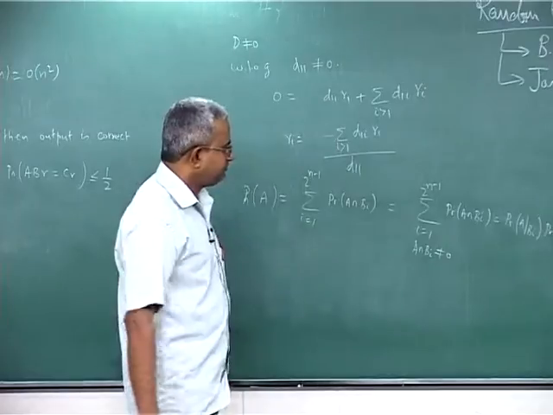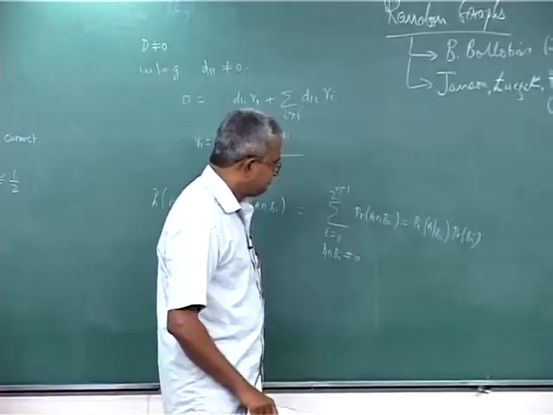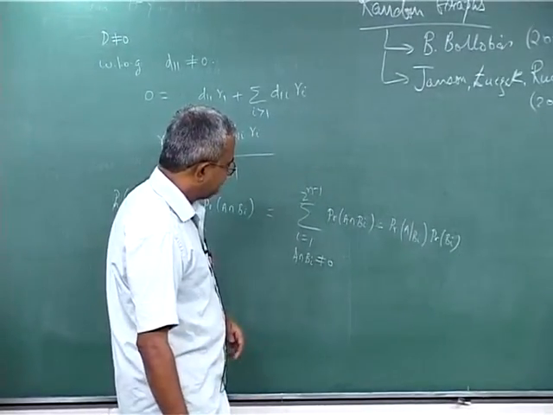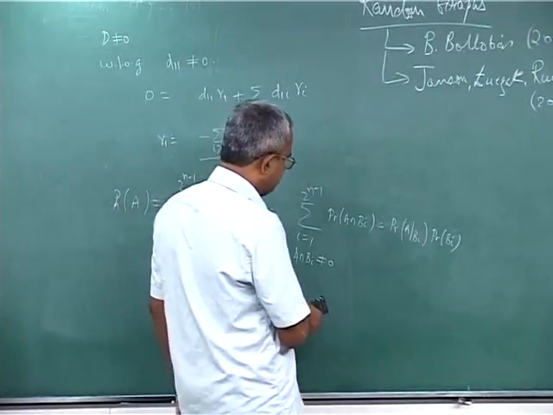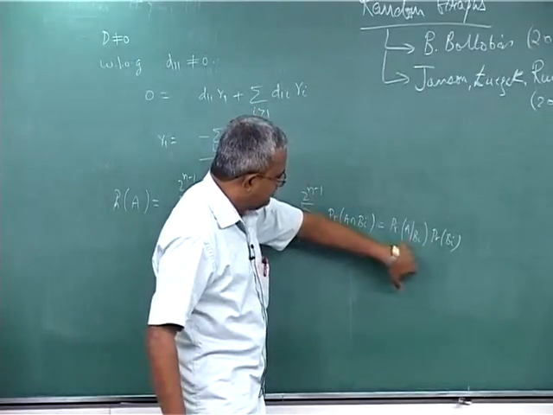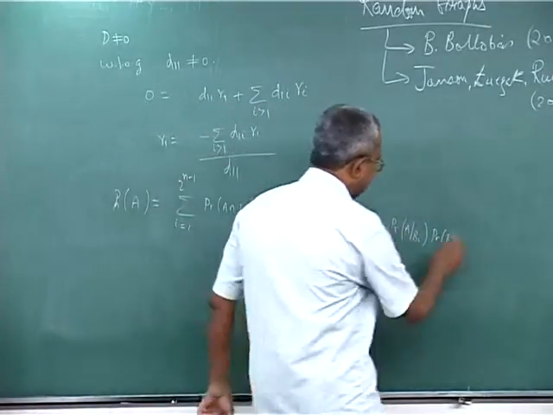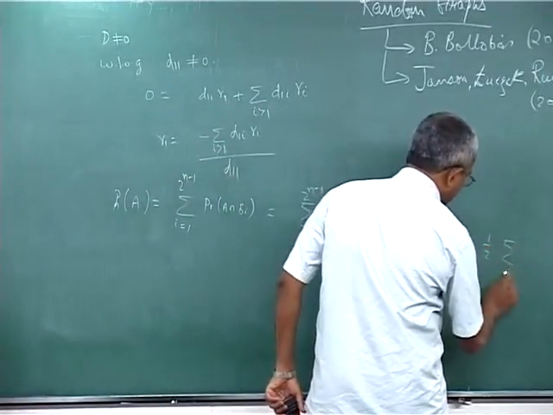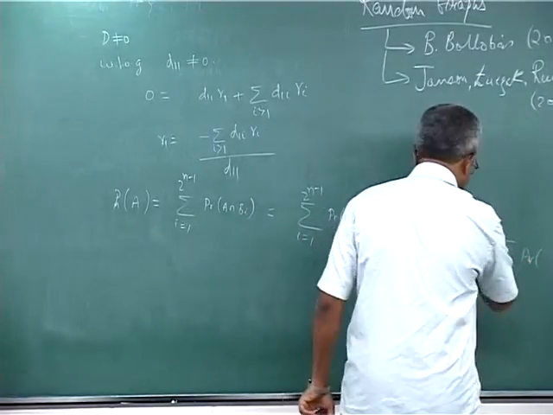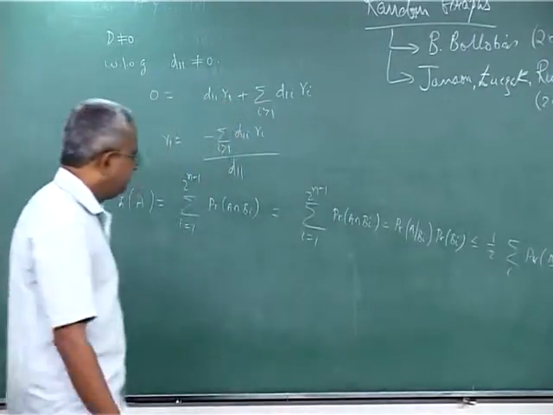And I know that the probability of A given Bi is at most half for every i, that is what we have just seen. So this is at most half times the summation over all i of the probability of Bi. This is what you have.